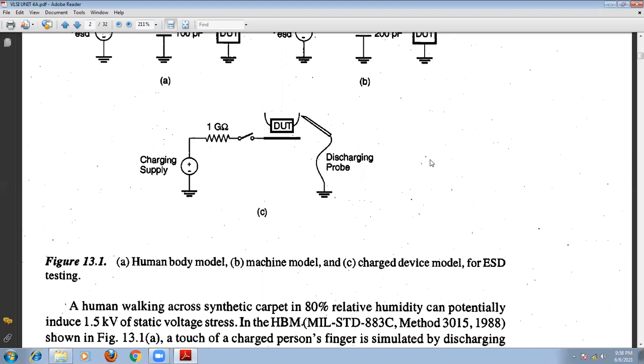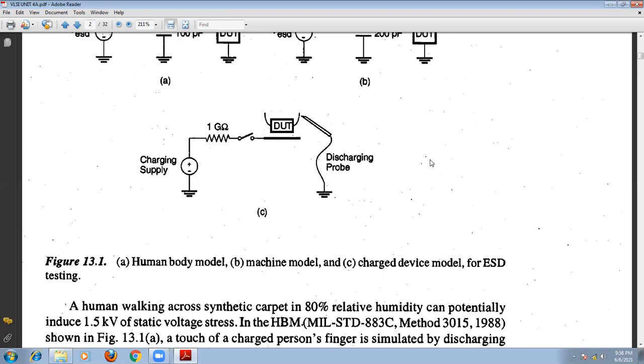This static charge is stored in a device machine's parts body, and that body discharges depending upon the outside environment.